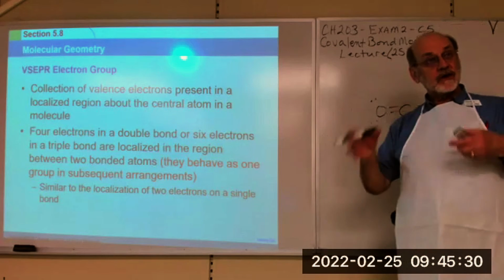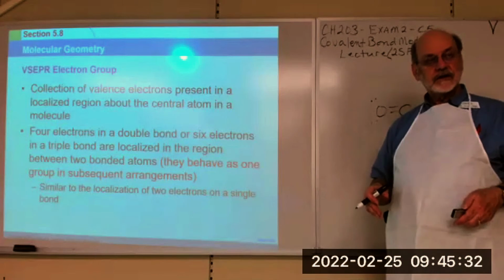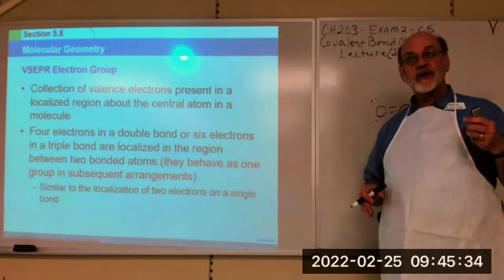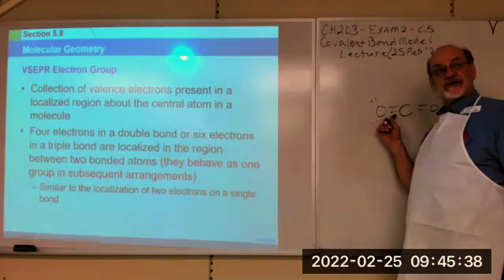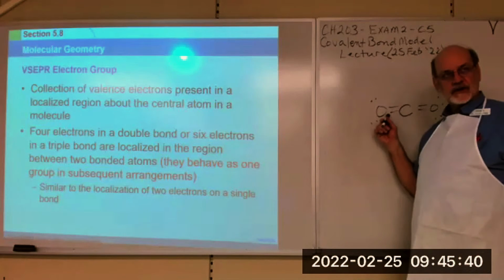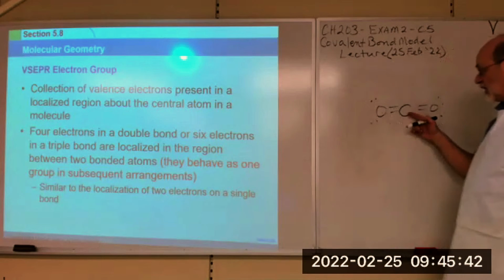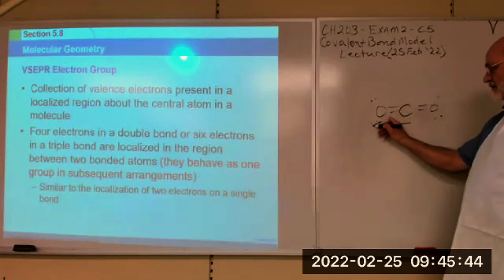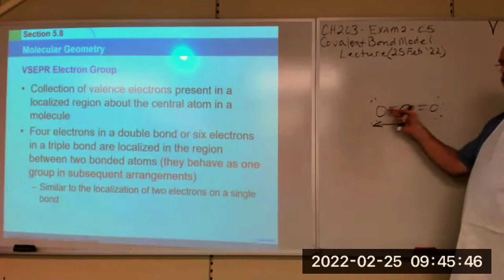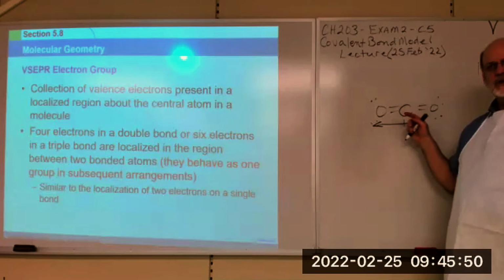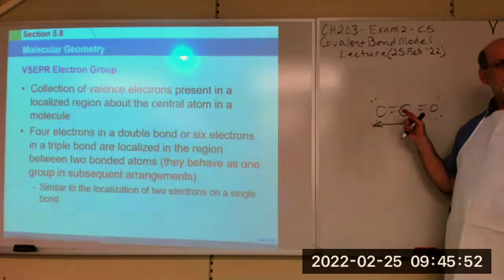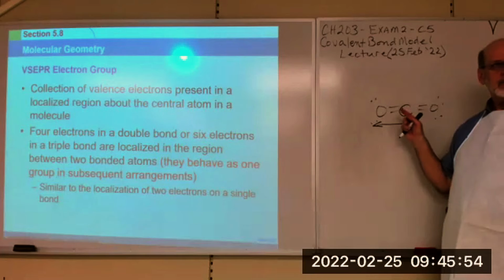As far as polarity goes, you need to know two things to determine the polarity of a molecule: the polarity of the bonds and the geometry. Because this polarity says the electrons are drawn toward oxygen because it has a stronger pull. We haven't talked about electronegativity yet, have we? I don't think we have.